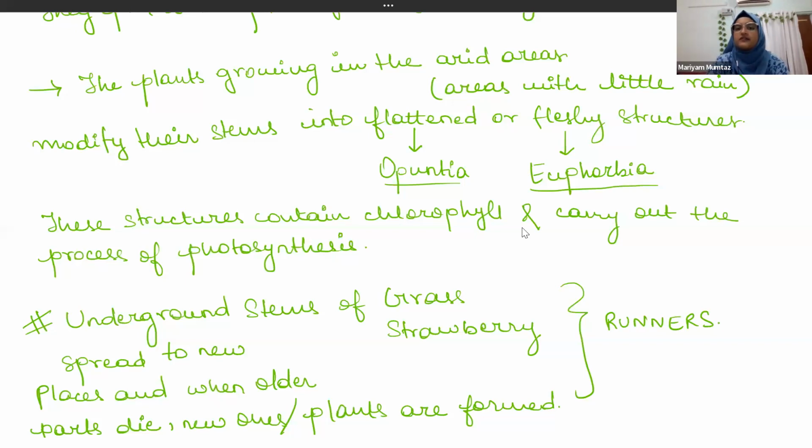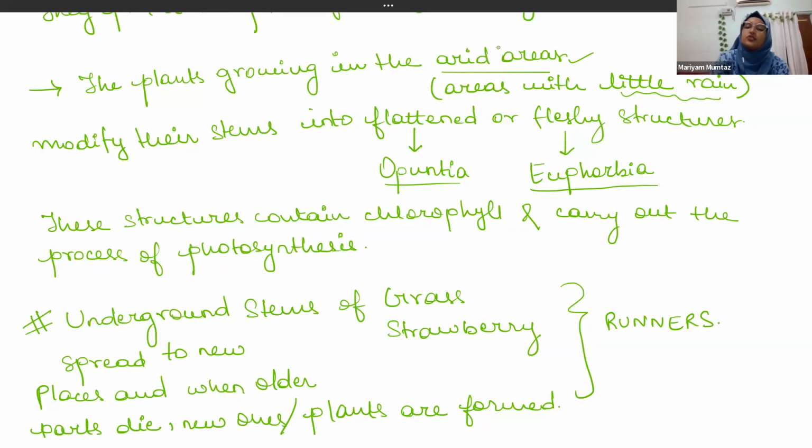Desert areas are also known as arid areas, A-R-I-D, meaning where there is little to no precipitation or rainfall. Like deserts, the rain is very irregular. There are no such rainy seasons there. So those kinds of areas are known as arid areas.